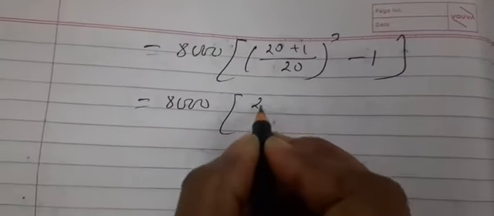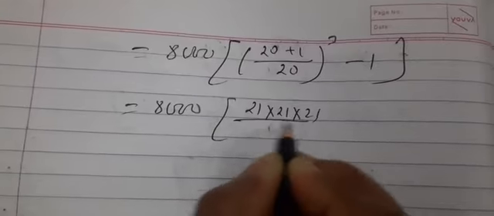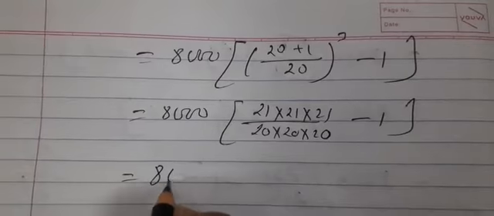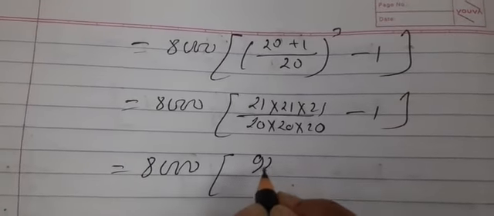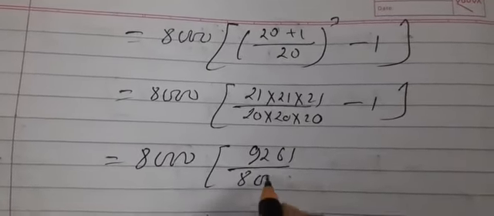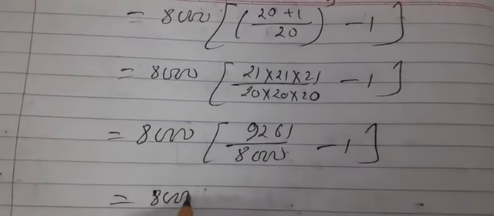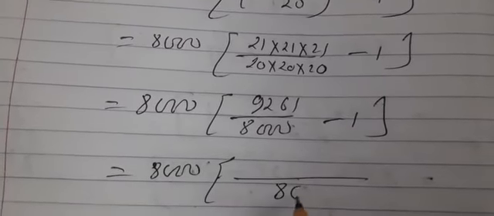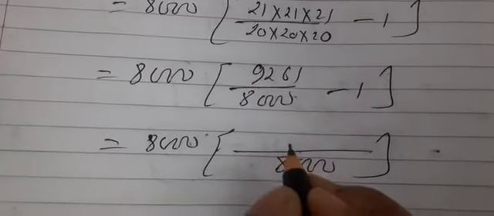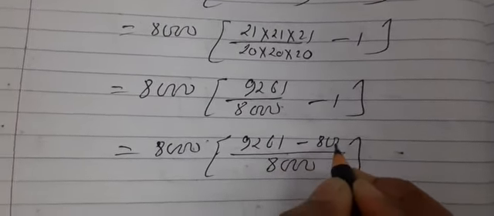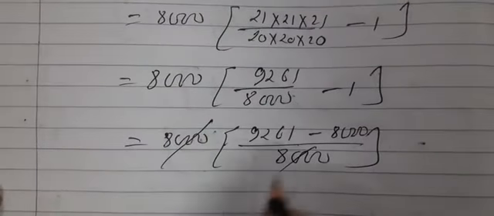Now what? 8000 within bracket, here is 21 into 21 into 21 divided by 20 into 20 into 20, minus 1, that is 8000, and here is 9261 upon 8000 minus 1, then 8000, again I will take LCM. 8000 is equal to what? 9261 minus 8000, so this will be reduced, and here is 1261.